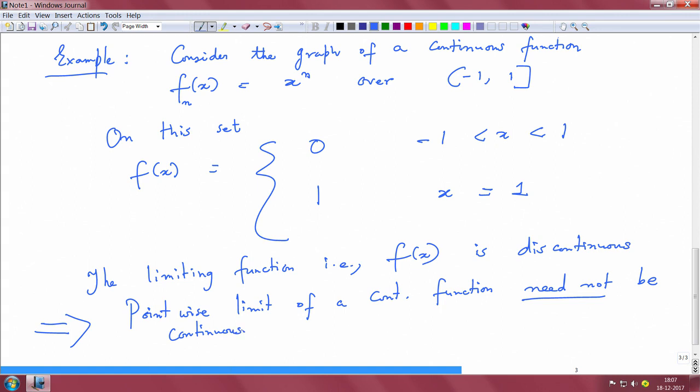We may start with a continuous function like f_n of x which is x power n, and then the limiting value of this function need not be continuous. So there are many pathological cases that you can see with pointwise limits. If you look at the pointwise limit of a sequence of differentiable functions, they need not be differentiable. Similarly, the pointwise limit of a sequence of integrable functions need not be integrable, right.